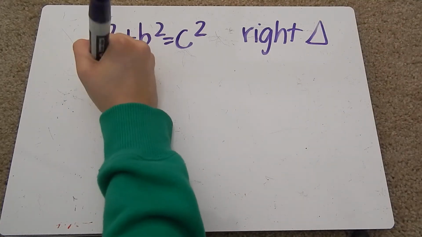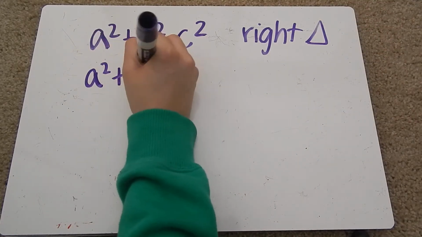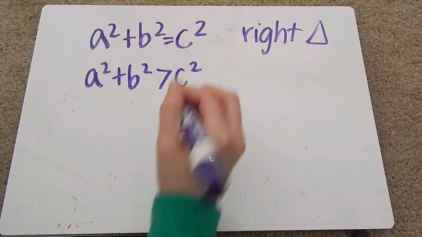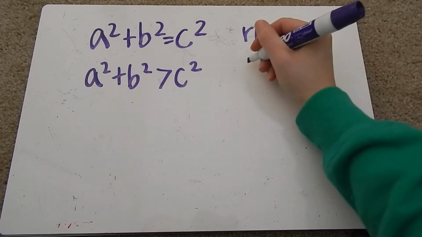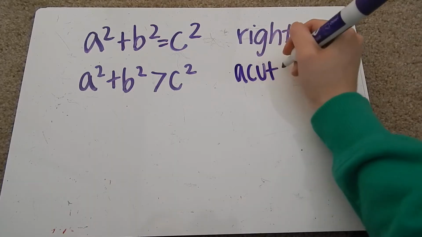But what if a squared plus b squared was greater than c squared? If the squared sum of your sides is greater than the squared term of your hypotenuse, then you're going to have an acute triangle.